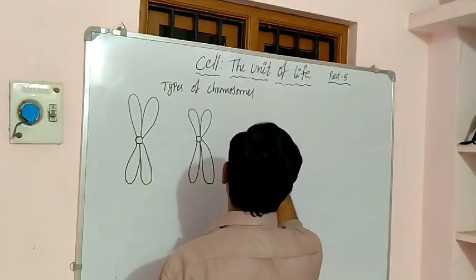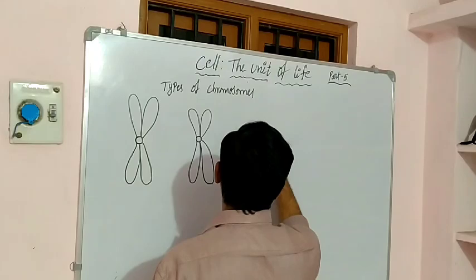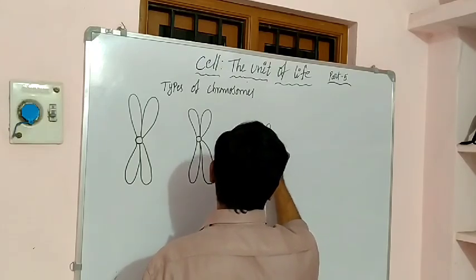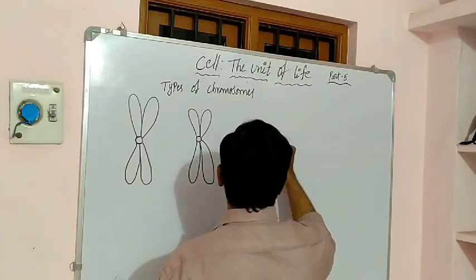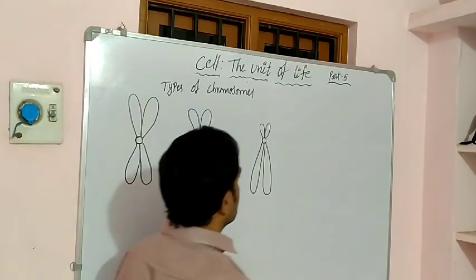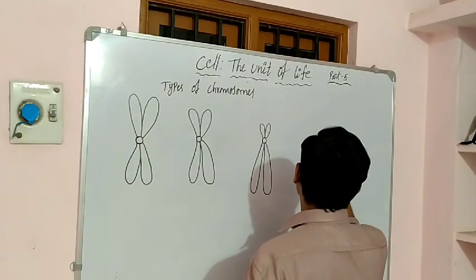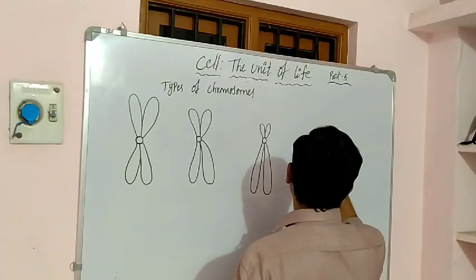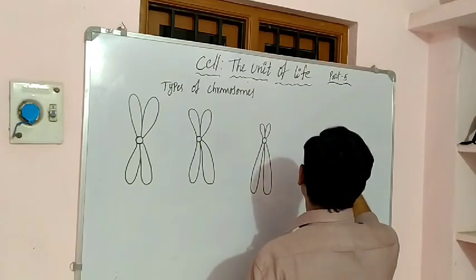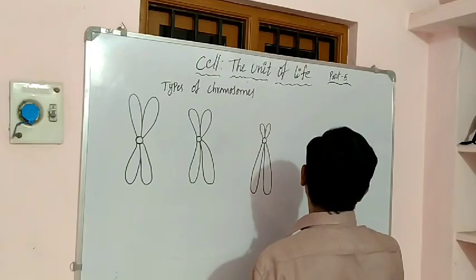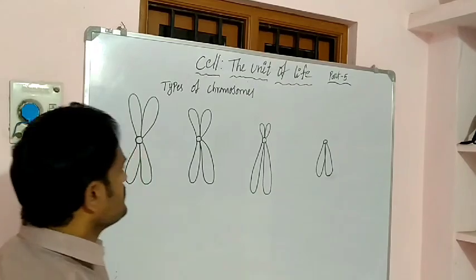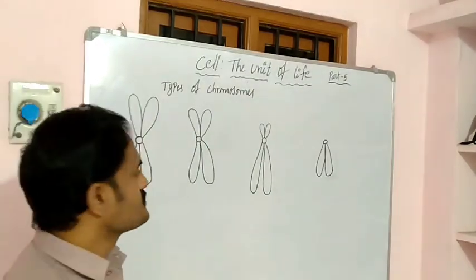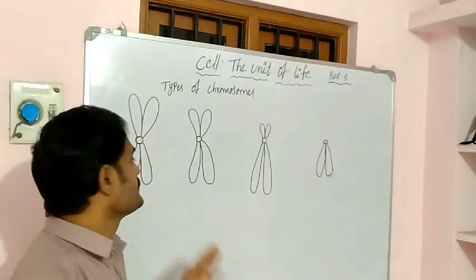Next, coming to the third type. See, this is the third type, and the final one. See, these are the four types of chromosomes we see in humans.